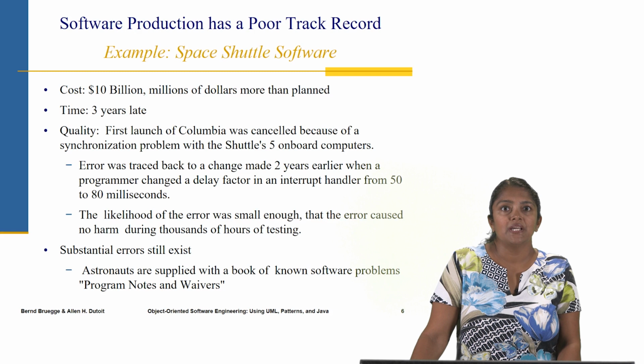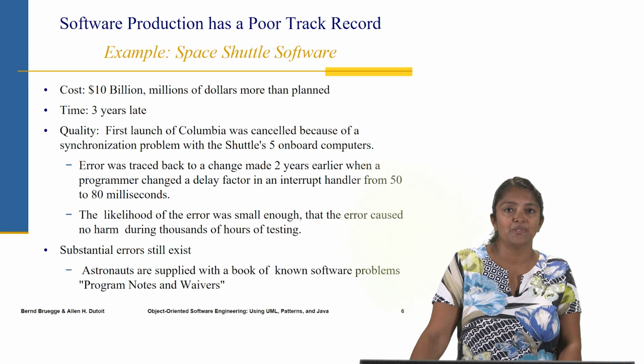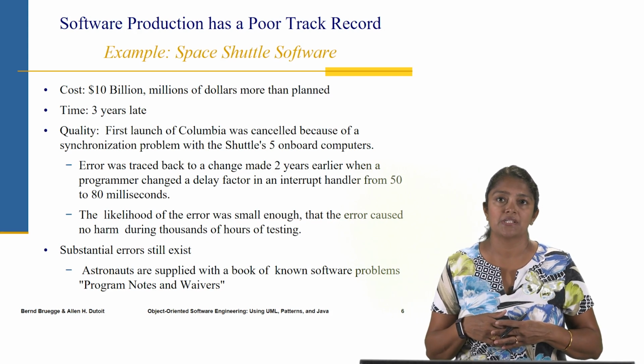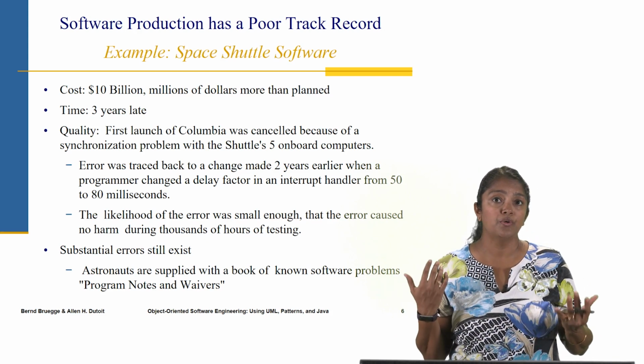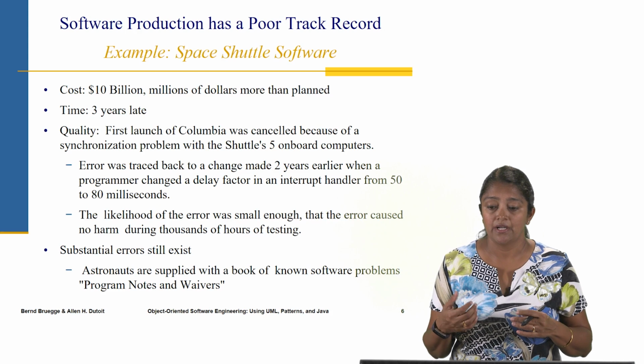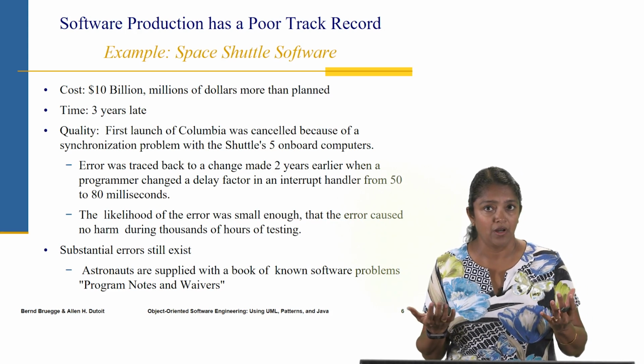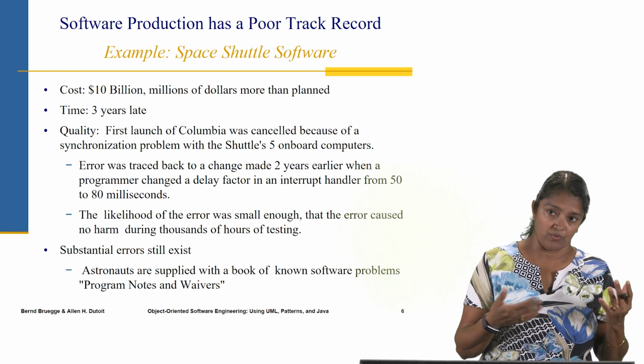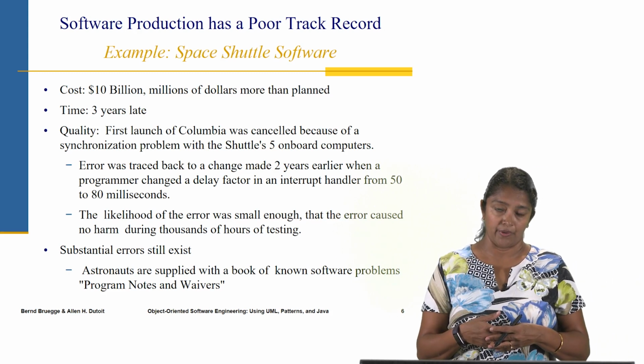And typically you'll see that software production has had a very poor track record. There are a number of examples in the history of software engineering, starting with the space shuttle software, which is a huge software system. Its cost was $10 billion, and that was millions of dollars more than what was originally planned for.